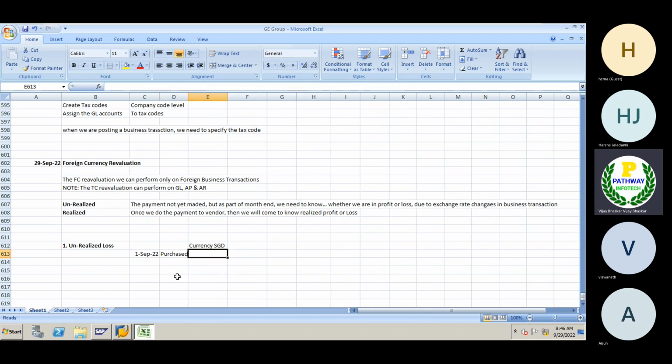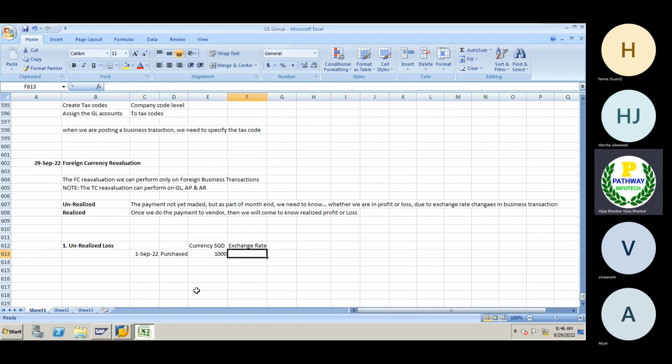Now, on 1st of September, I have done some purchases from Singapore. The worth of the purchases is 1,000 Singapore dollars. What was the exchange rate on 1st of September?